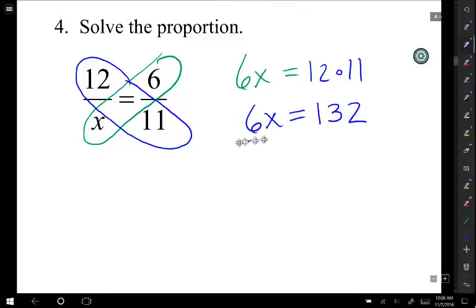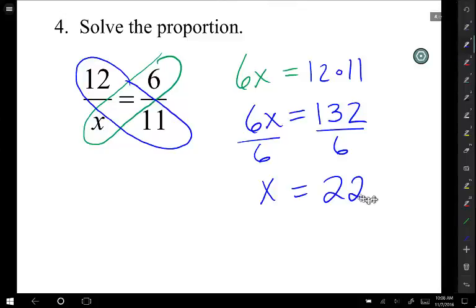Okay, so we divide both sides by 6. 132 divided by 6. If you don't have your calculator out, you should. I get x equals 22. Can someone confirm that? Yep. Okay. If you do these, these should not be difficult. The test tomorrow should just be, oh, boom, boom, boom, just like so.